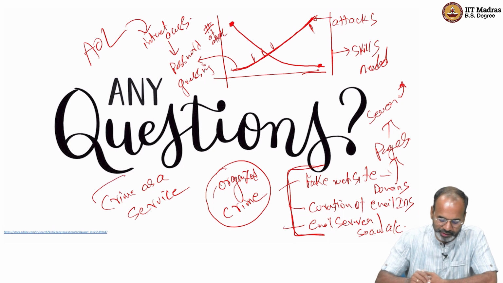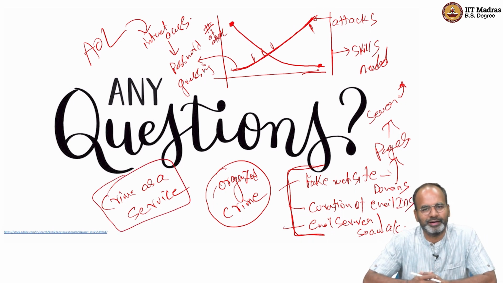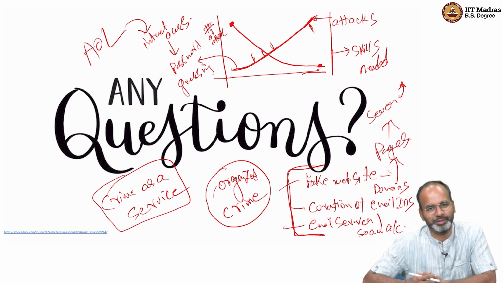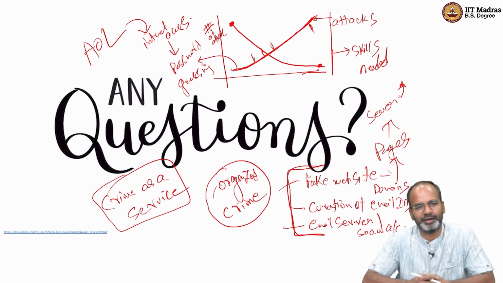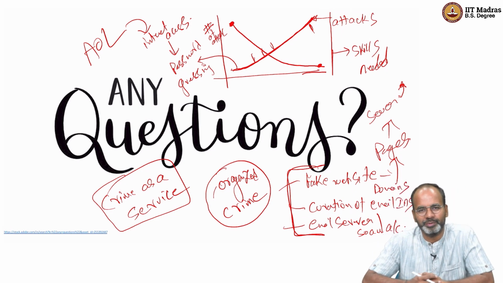Crime as a service, right? It's not new. I recently watched some Tamil movie where... I think this is age old. You give some money to people to attack somebody, to bribe a place, to rob a place, all of that.